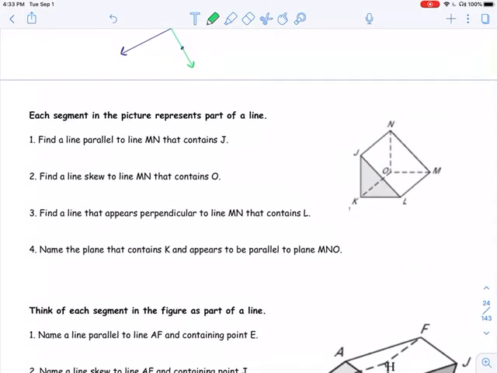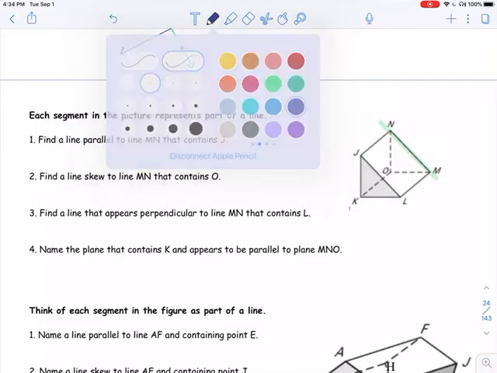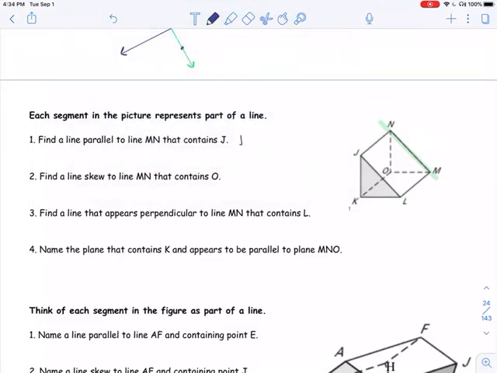So we're going to find the line parallel to MN. So here is MN that contains point J. So I see JL. Those two will be parallel. And JL, we're going to assume that these are all part of a line.